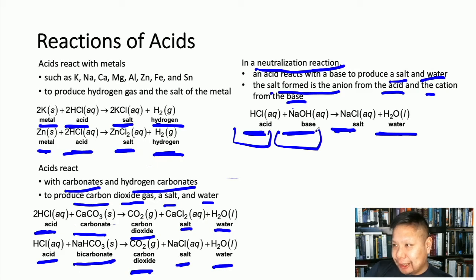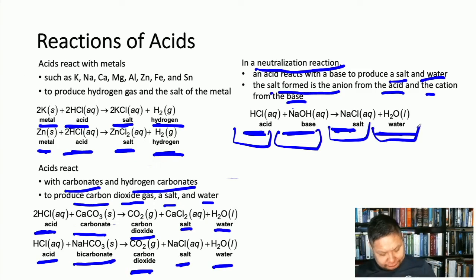Sodium hydroxide and hydrochloric acid are corrosive, dangerous when you touch them. But when you combine them with each other, they make salt water, which is just salt water. Very benign. Very interesting stuff.